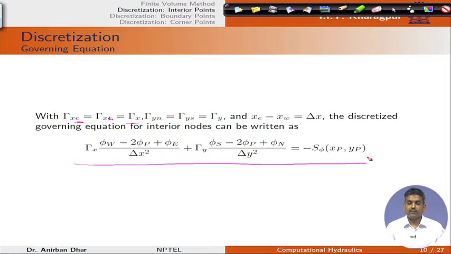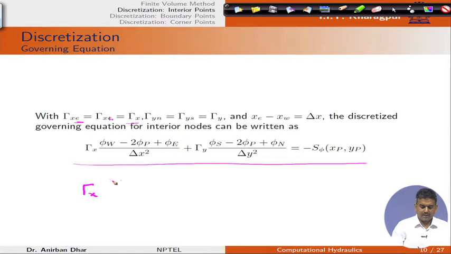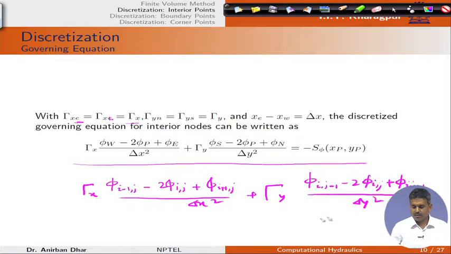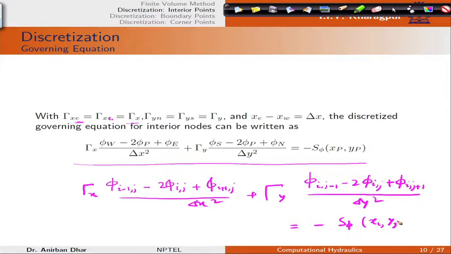If we compare this with our original finite difference equation, then we can see that this is nothing but gamma x into phi I minus 1 j minus 2 phi I j plus phi I plus 1 j divided by del x square plus gamma y phi I j minus 1 minus 2 phi I j plus phi I j plus 1 divided by del y square equals minus phi x I y evaluated at I j.